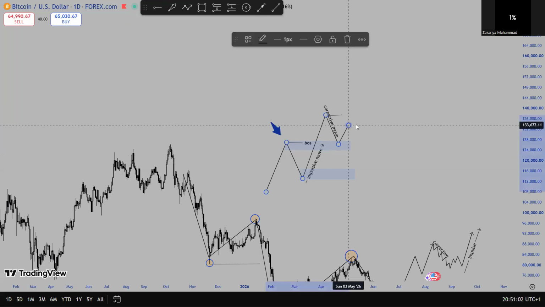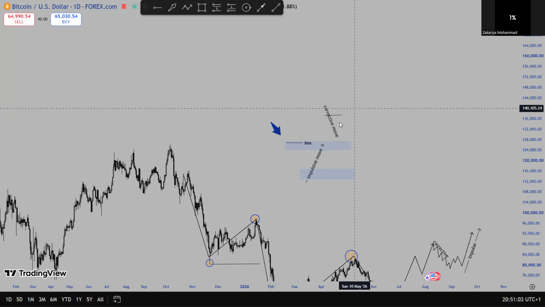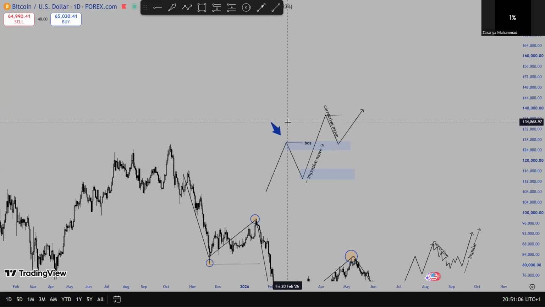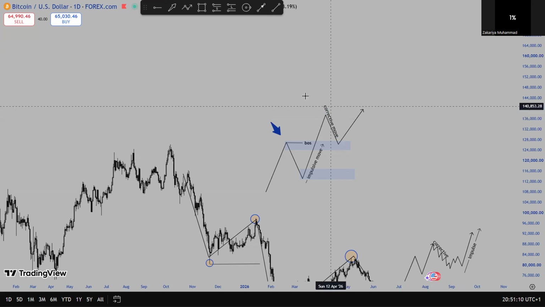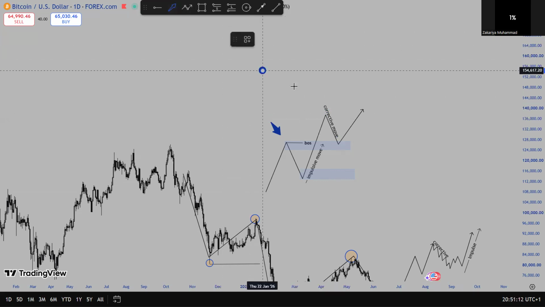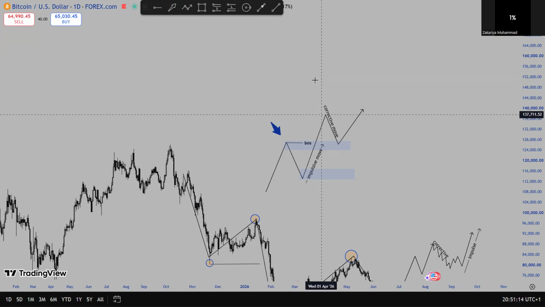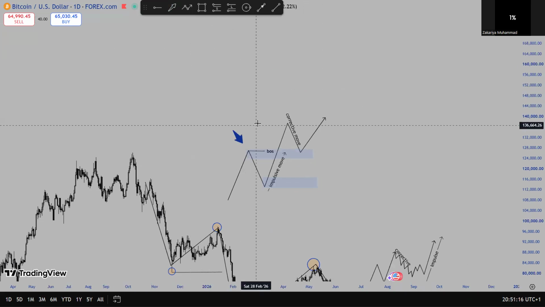If we have this corrective move coming, the market will be giving us something like this. I'm going to try to explain this so that I can show you on the chart.